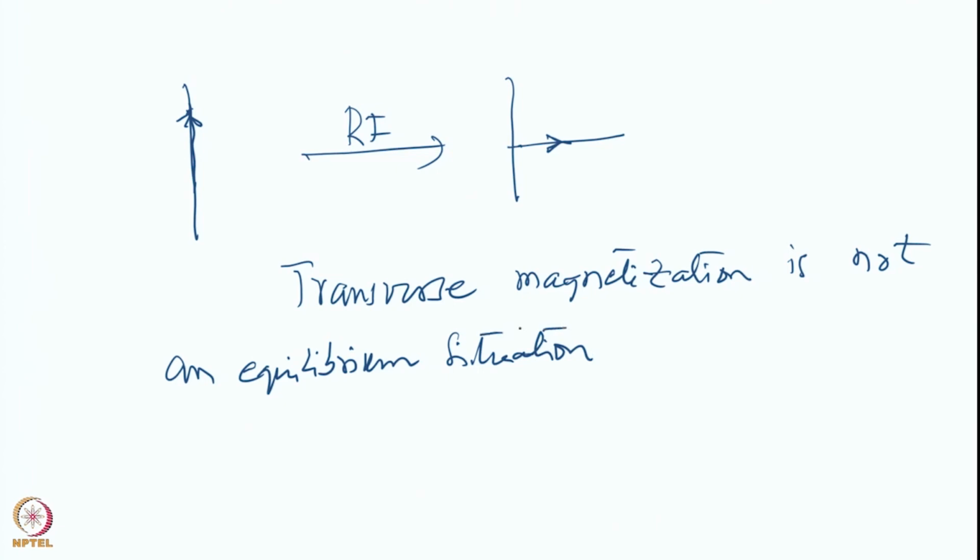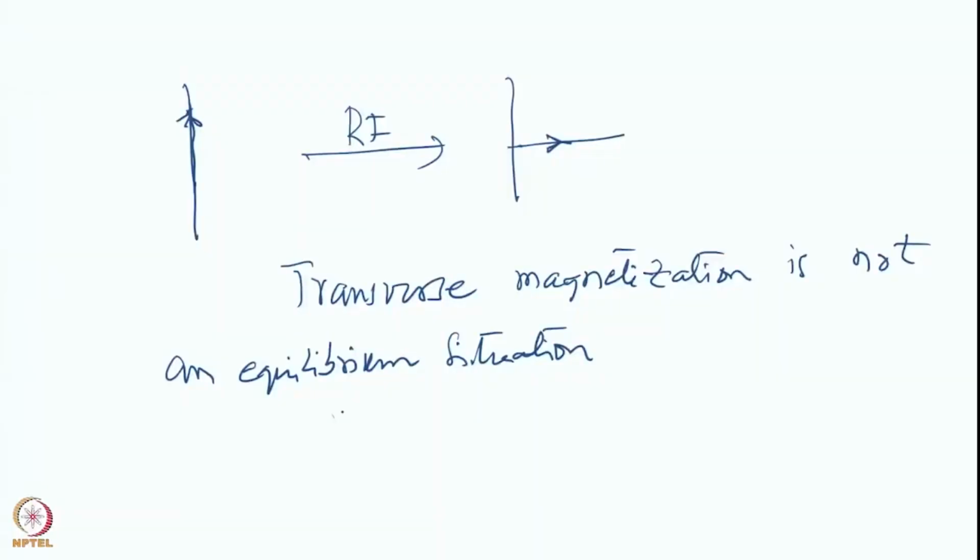So, this is how the absorption of energy happens and we create transverse magnetization. And if we look at this transverse magnetization, it will start rotating in the transverse plane.